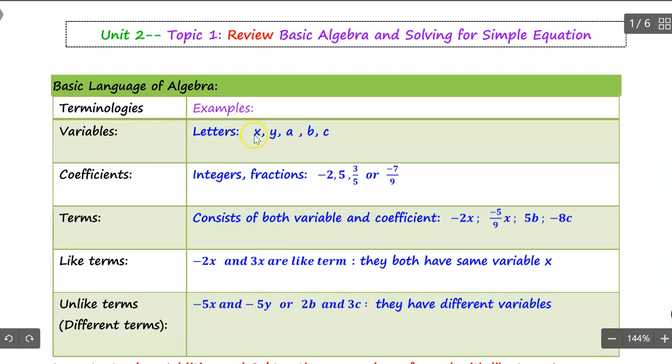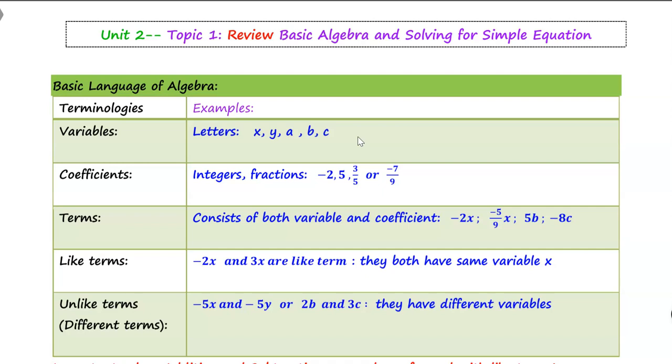So if I have letters A, B, C, D, E, F, X, Y, they are called variables in the language of algebra. For this unit and this topic, we concentrate on A, B, C, X, and Y. But you can in fact use any letters that you would like to represent a variable.